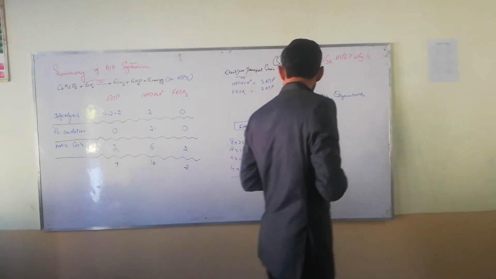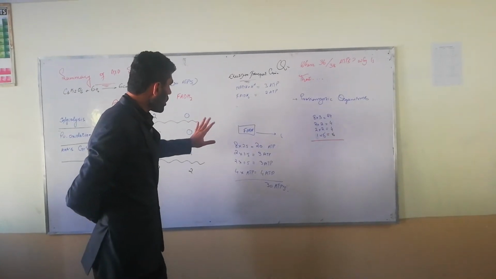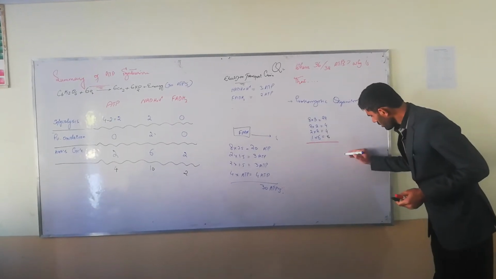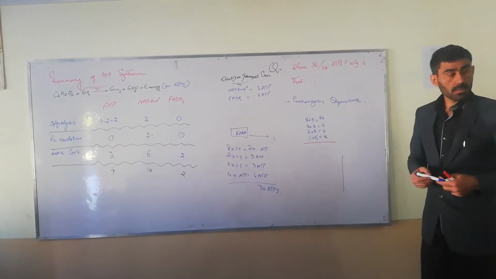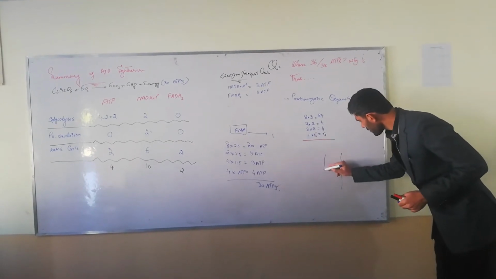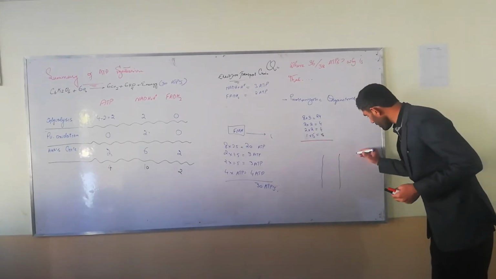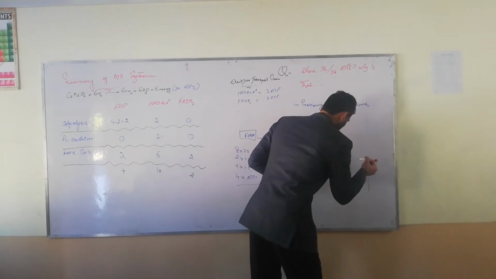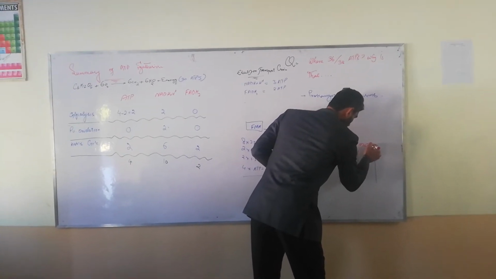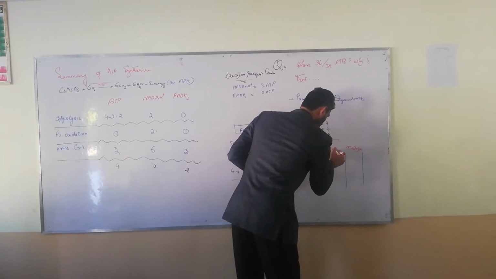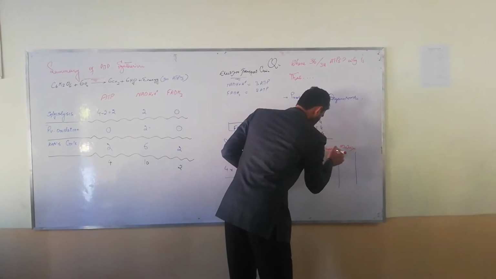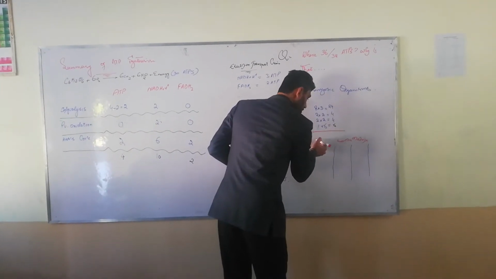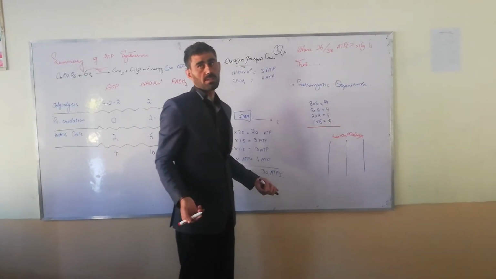But the case here is that you have the plasma membrane and the mitochondria. You have the matrix, the inner mitochondrial membrane, and this is the perimitochondrial site.